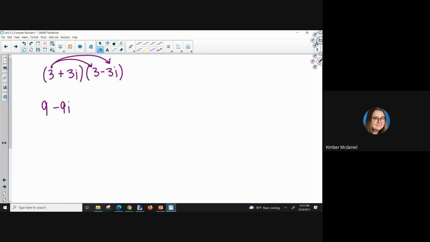We took care of the 3. Now let's distribute the 3i to each of them. What's 3i times 3? 9i. What's 3i times -3i? Negative 9i squared, because 3 times -3 is -9, and i times i is i squared.